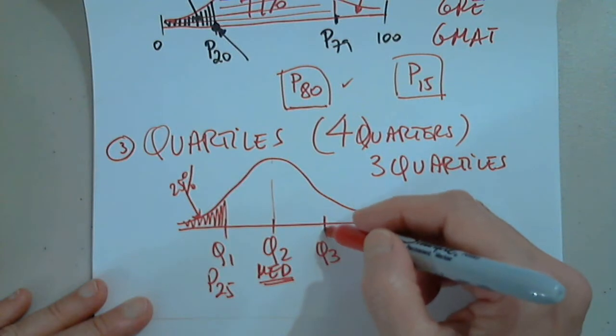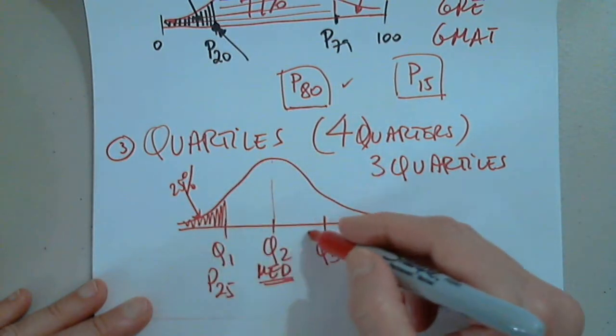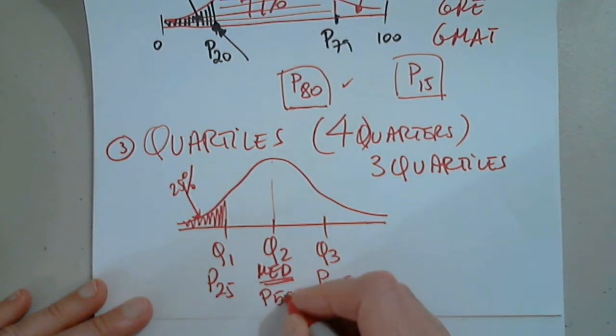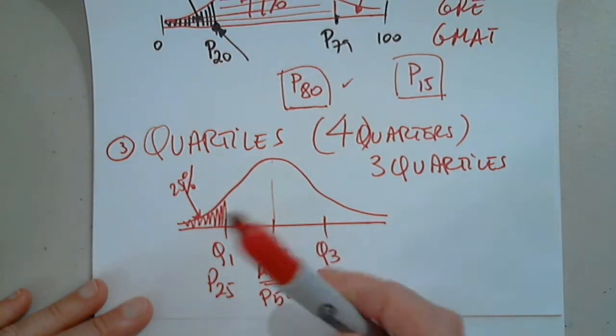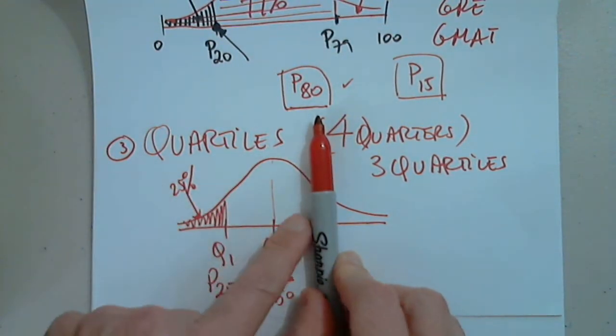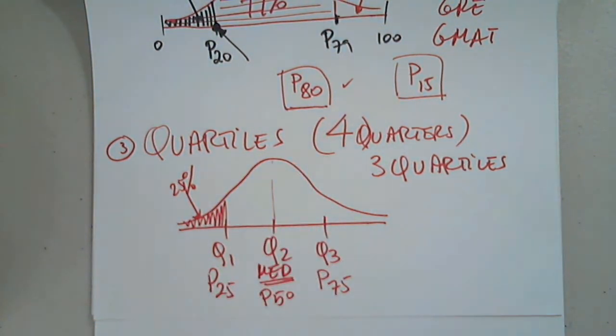And what about Q3? Well, this is 75%. So this will be P75 and this is also P50. So 50 below, 50 above; 75% below, 25% above. Any questions so far?